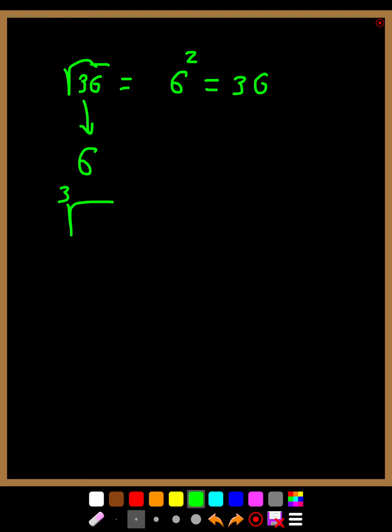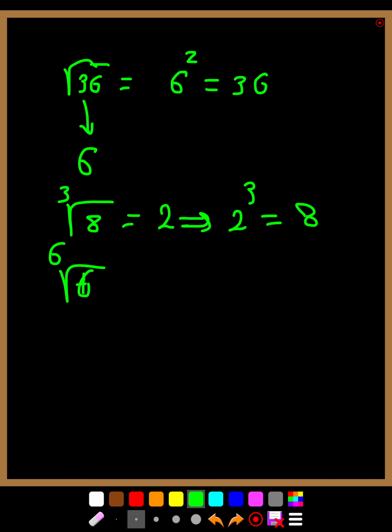The cube root of 8 will be 2, since 2 power 3 equals 8, and so on. The 6th root of 64 equals 2, since 2 power 6 equals 64.